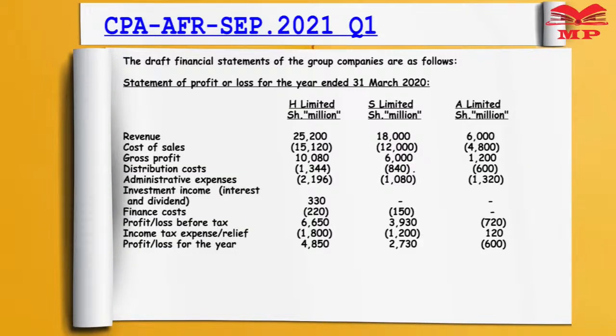Okay, then we have the draft financial statements of the group companies, which are as follows. Statement of profit or loss for the year ended 31st March. We have revenue, cost of sales, gross profit, distribution costs, administrative expenses, investment income, interest and dividend, finance cost, profit/loss before tax, income tax expense/relief, profit or loss for the year.